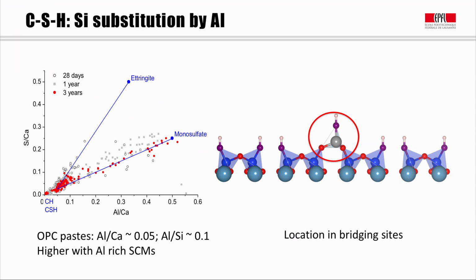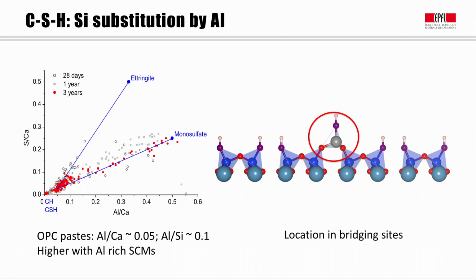So we can see that the intersection of these lines from yttrium and monosulfate is coming at an aluminium to calcium ratio of about 0.05. And this corresponds to an aluminium to silicon ratio of roughly 0.1, which is to say about 1 in 10 of the silicon atoms are replaced by aluminium.